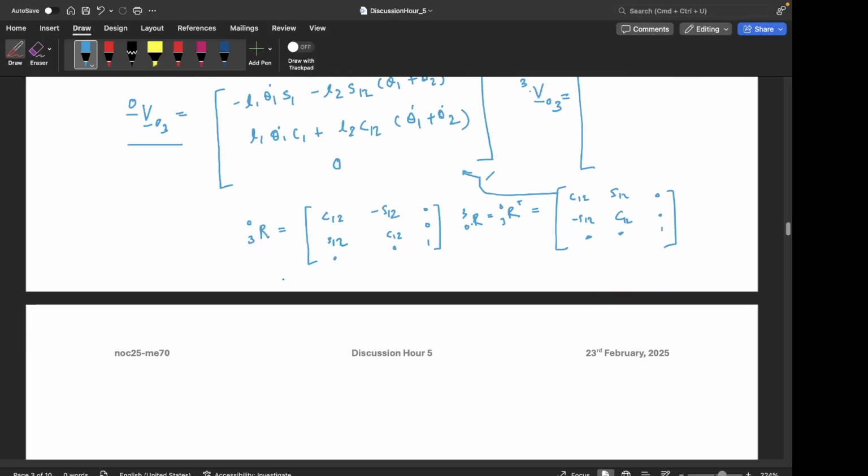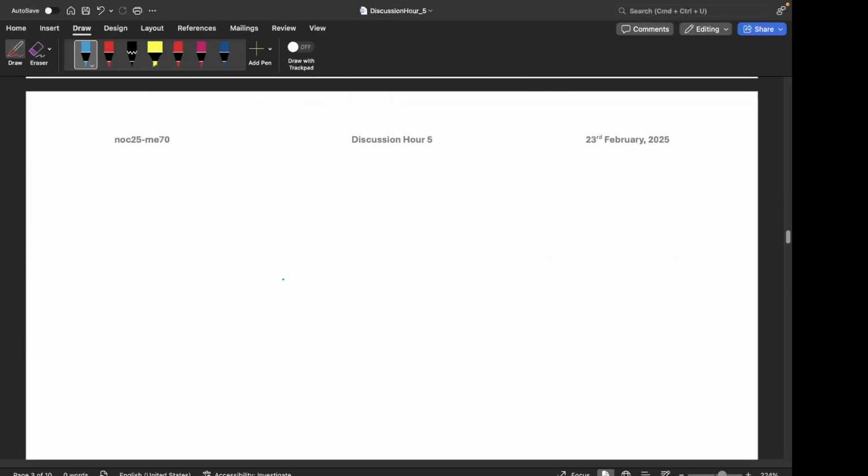Okay, so now what we need to do is take this description of the end effector velocity that we wrote and write it as a matrix times the joint velocities, that is θ1 dot and θ2 dot.